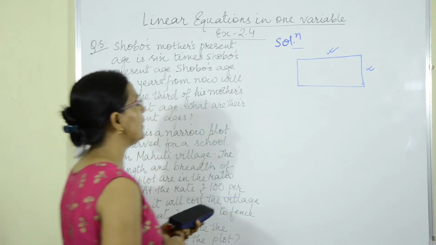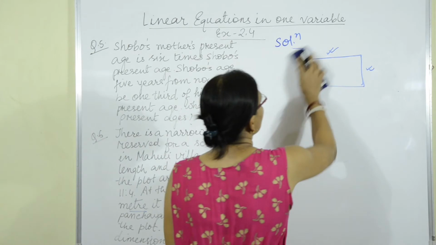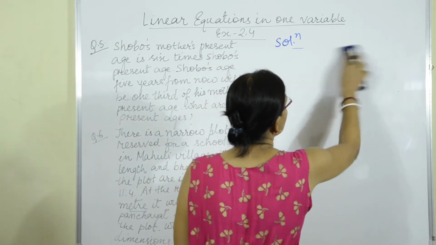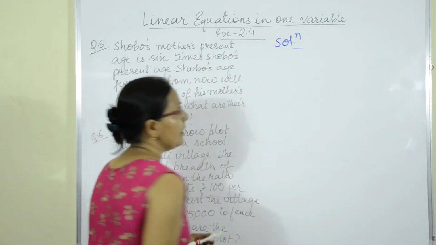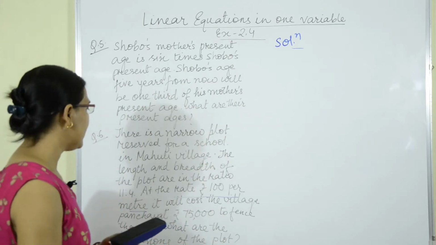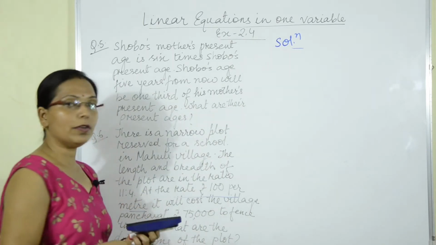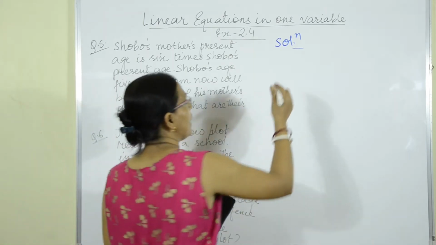Now, let us first frame the equation. Quite a few things are given here. The ratio of the length and breadth is 11:4, that is what is given. So, what will we write here?